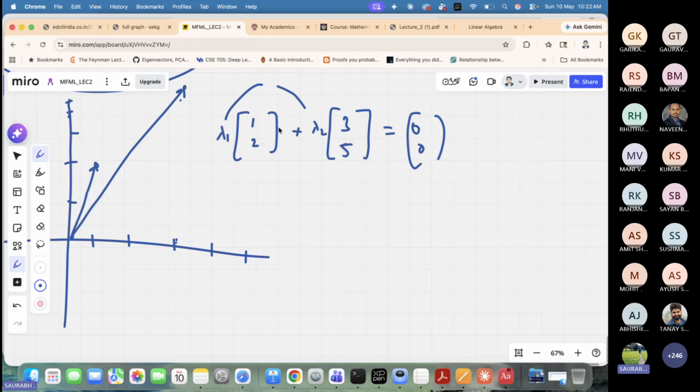You cannot scale them and add them together to reach this point. That can never happen. Think of all possible values of lambda 1 and lambda 2. That's why these two vectors are linearly independent. The only way they can scale and become zero is when lambda 1 and lambda 2 themselves are zero. Okay. So that's why they are linearly independent.